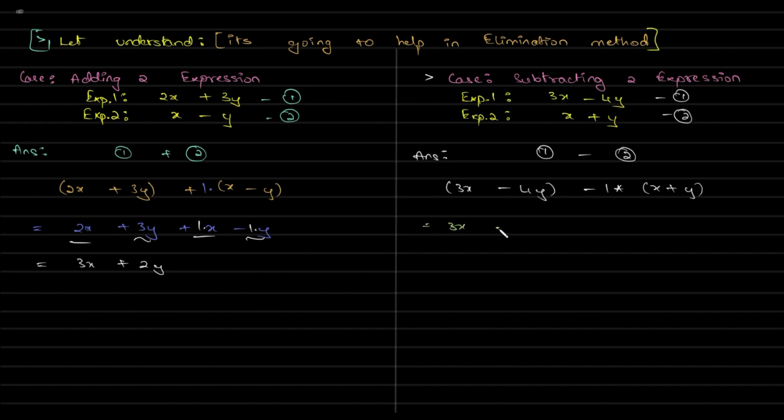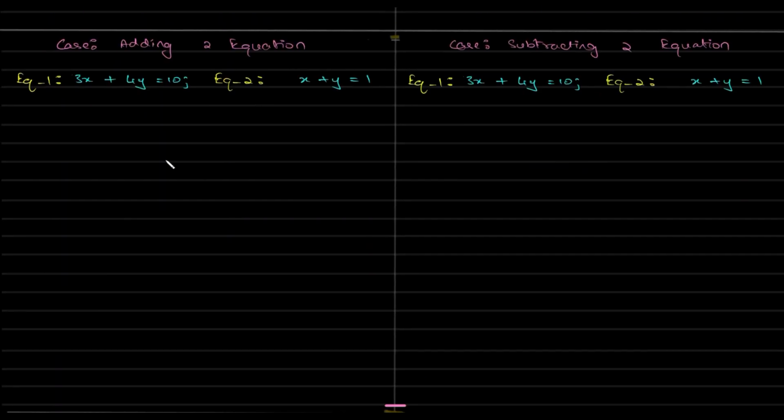So 3x minus 4y minus 1 times this: minus 1 into plus x is minus 1x, and minus 1 into plus y is minus 1y. So 3x and minus 1x is 2x, minus 4y and minus 1y is minus 5y. So that's about adding and subtracting expressions.